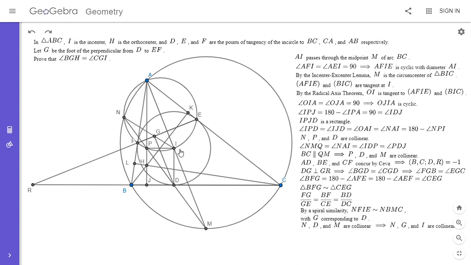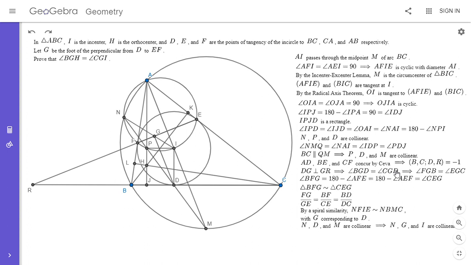All right, so finally, I am going to try to get started on the actual problem we're trying to solve. We want to show angle BGH is equal to angle CGI, but we know angle BGD is equal to angle CGD. I wrote that somewhere up here. Let me see if I can find it.